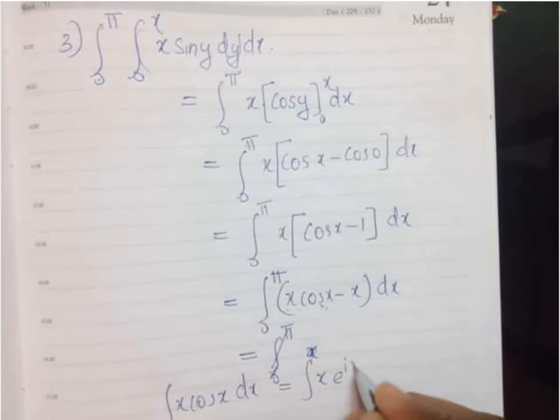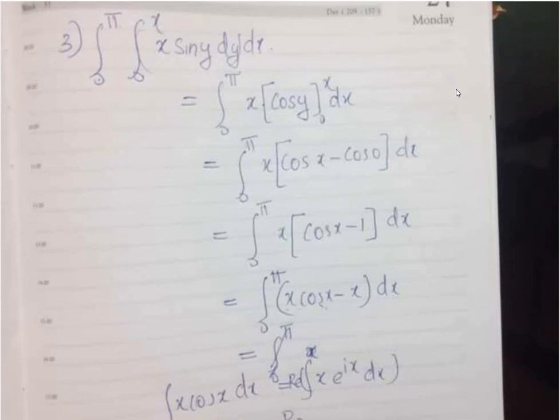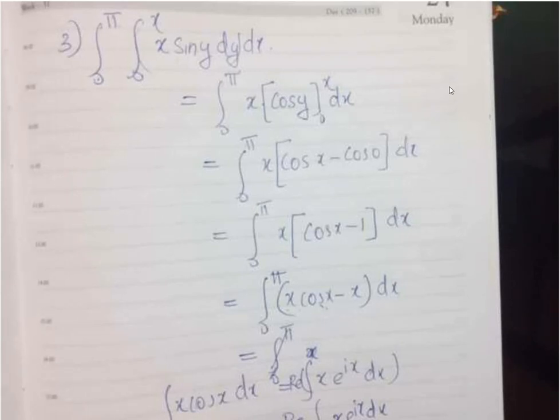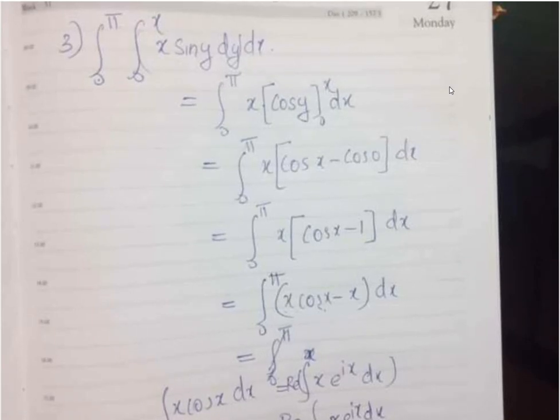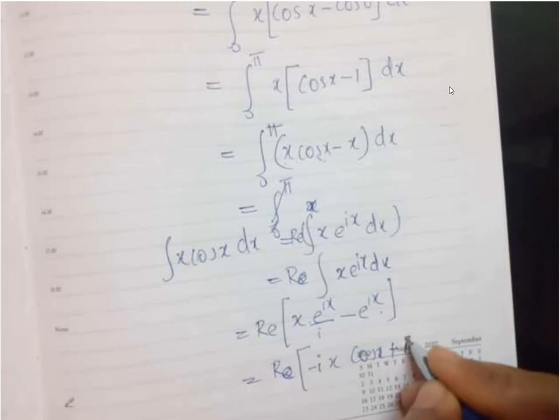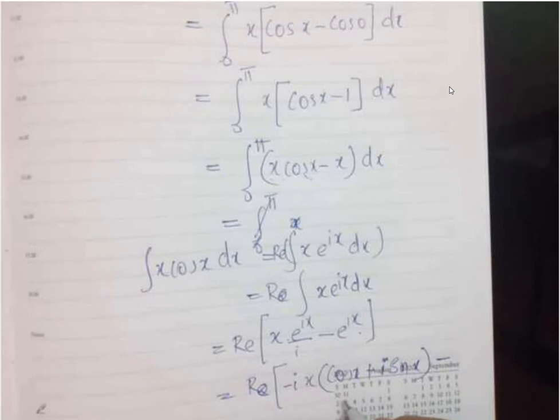This is the real part of the integral of x e to the power ix. Integrating by parts, we get the real part of x into e to the ix by i, minus e to the ix by i squared.